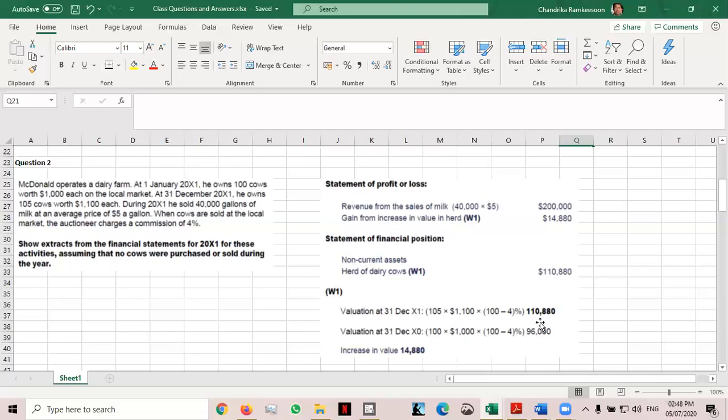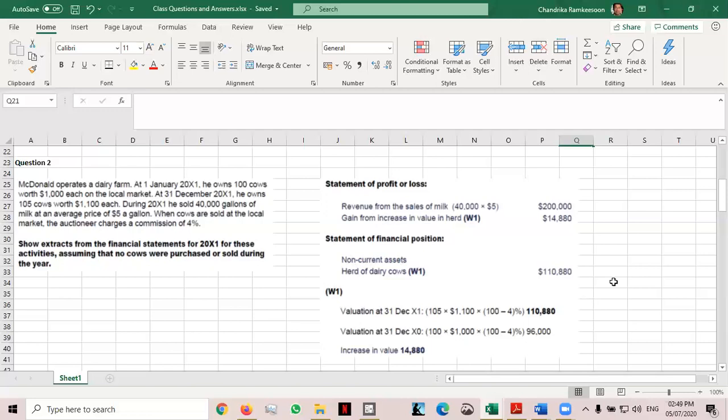Going from 96,000 to 110,880 is a 14,880 increase in value. So those are the values in the statement of financial position, as well as what goes in the P&L.